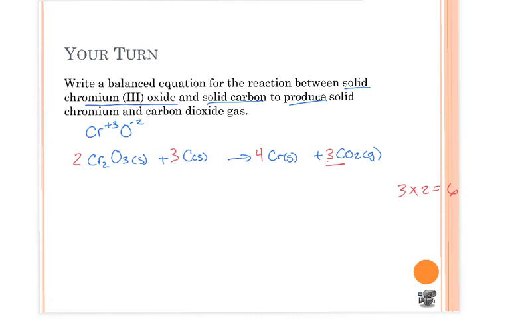So I have 4 chromiums on the left and 4 chromiums on the right. I have 6 oxygens on the left, and I have 6 oxygens on the right, and I have 3 carbons on the left and 3 carbons on the right. So I am balanced.